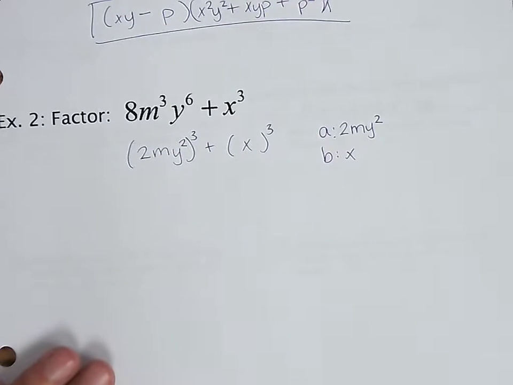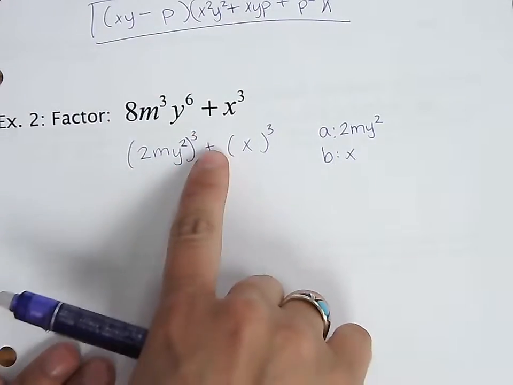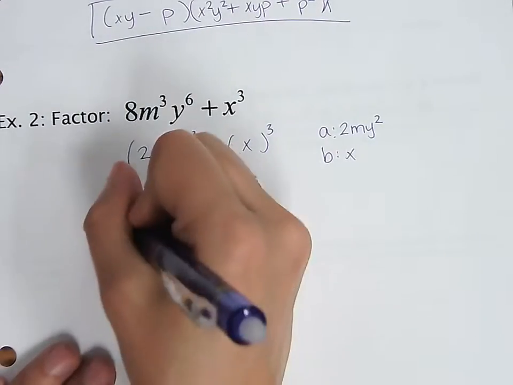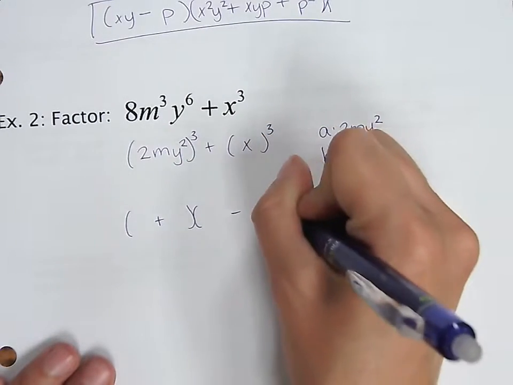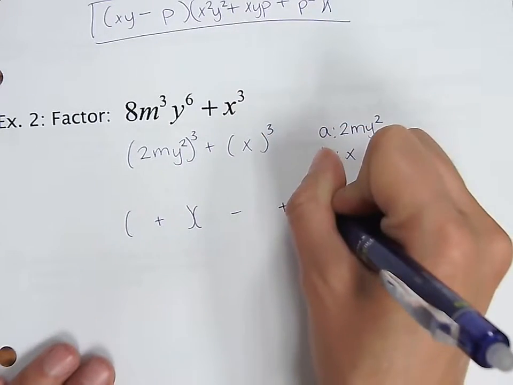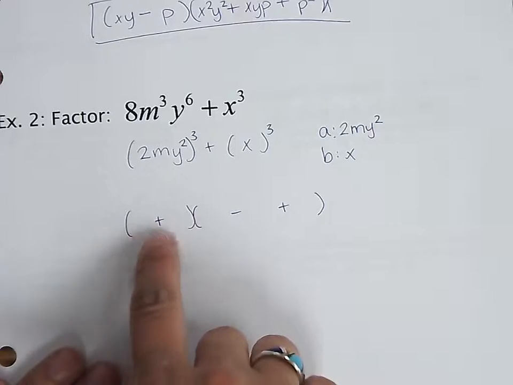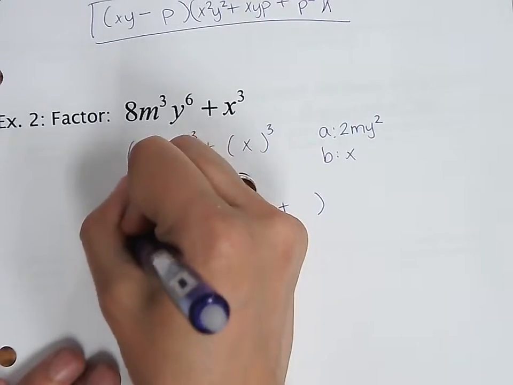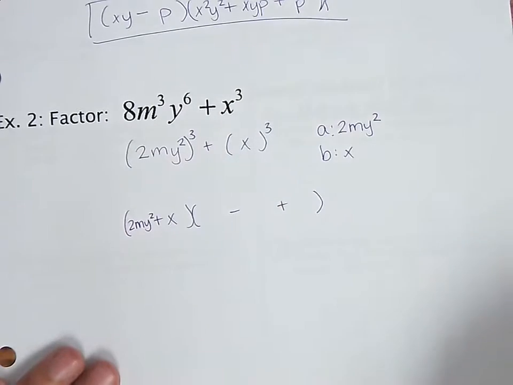So if we look at our formulas up above, we are going to have, again, the same sign, opposite sign, and a positive. So we will have a in here and b in here. So a is 2my squared, b is x.